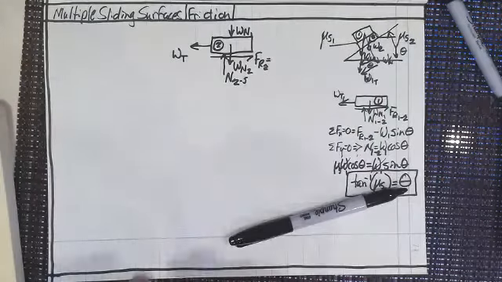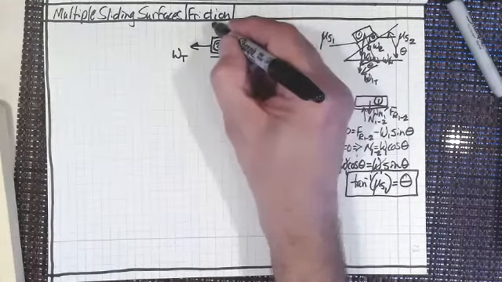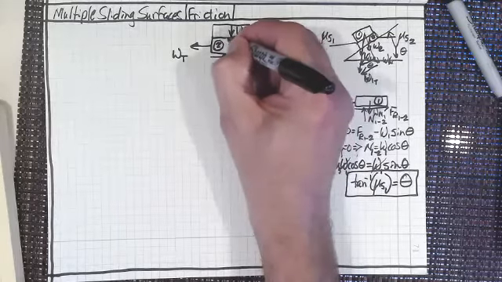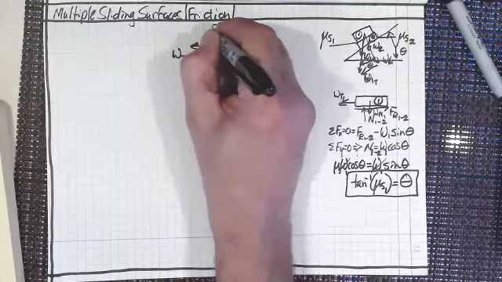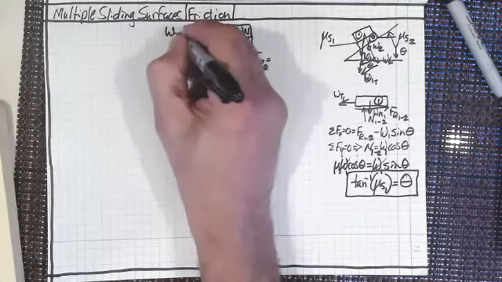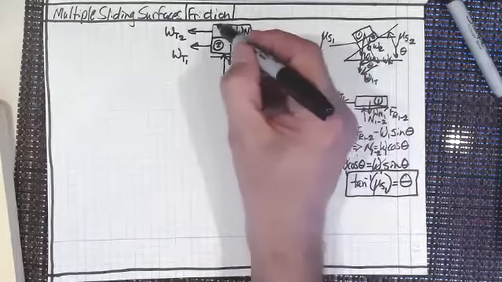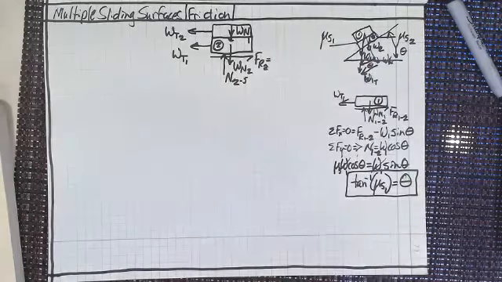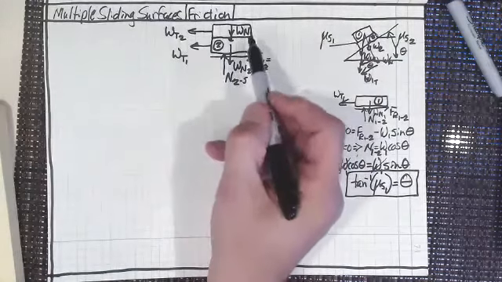Okay, so let me put this one right on here like that. So we've got Wn sub 1. Let's put that there, Wn sub 2. And of course, this is 1, and this is Wt2 that's working backwards, because if this is not moving relative to one another, and even if it is moving, they're still in contact with one another.